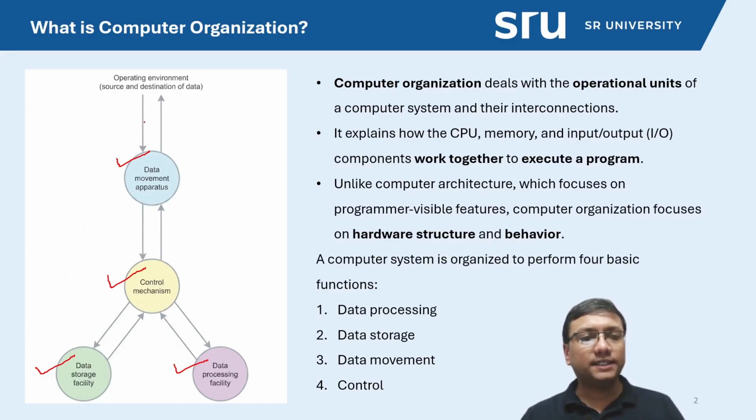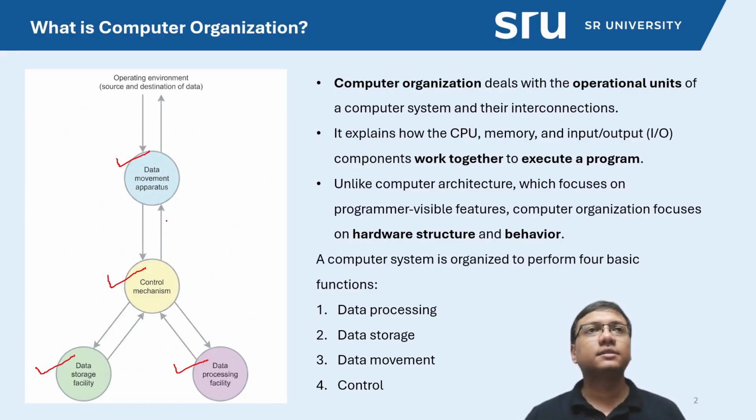Now if you look at this diagram, the operating environment means the users who are operating the system or the network which is accessing the systems. For that, the data movement unit has a bidirectional connection. So the data movement apparatus can give data to the operating environment, and the operating environment can also give data back to the data movement apparatus. Then the data movement apparatus also has a bidirectional connection with the control mechanism.